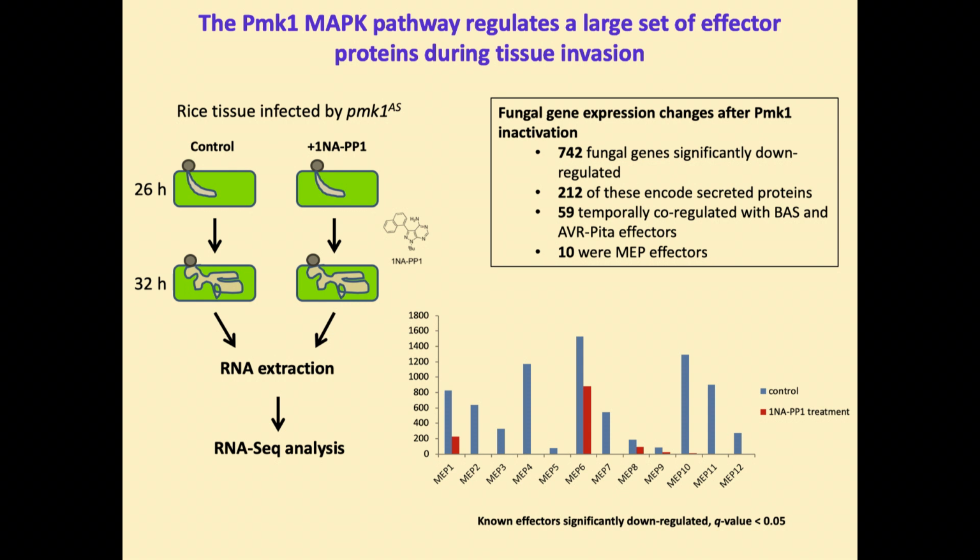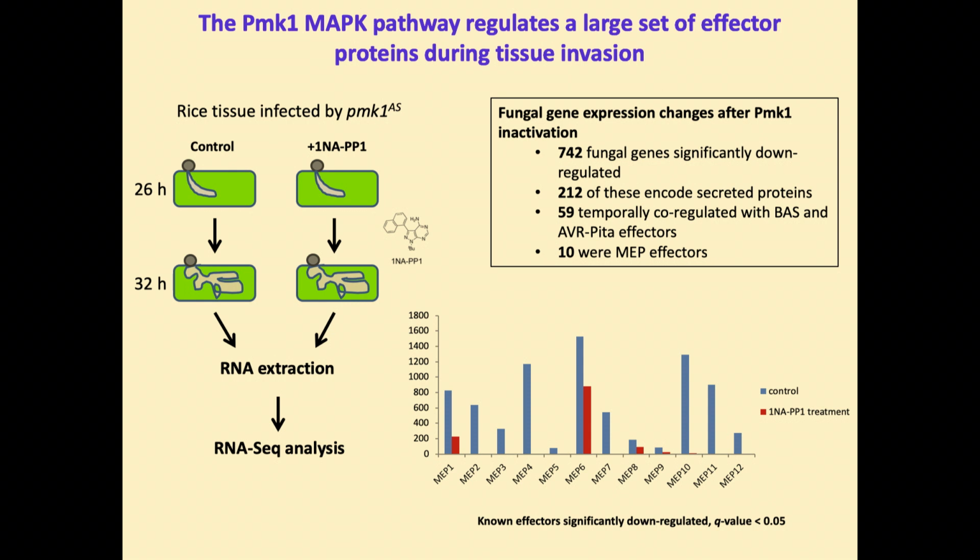So there's a subset of effectors which are regulated as a consequence of this pathway being triggered. So clearly the fungus is suppressing plasmodesmatal immunity as it's moving from one cell to the next.